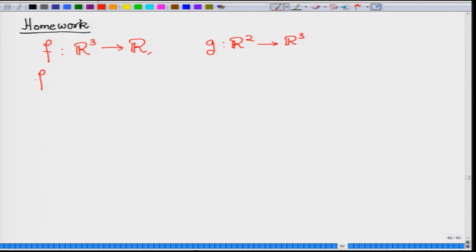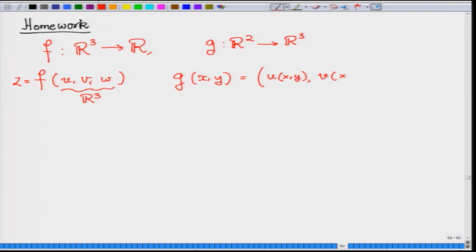F is written as a function of variables, so z equal to u v w. This constitutes an element in R3, and G of x y picks up an element in R2 and puts it in R3, which is u of x y, v of x y and w of x y.